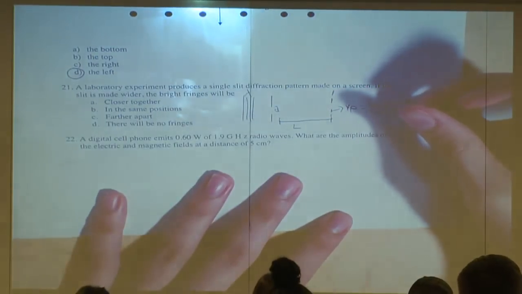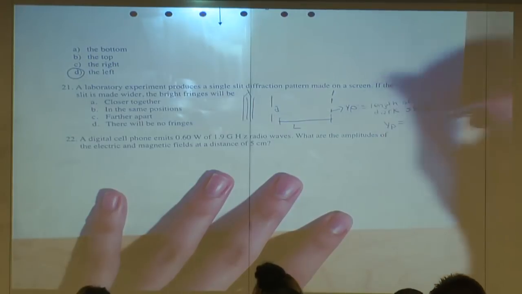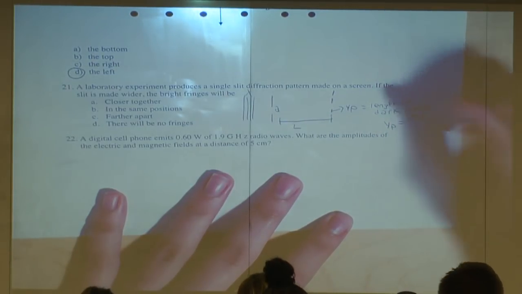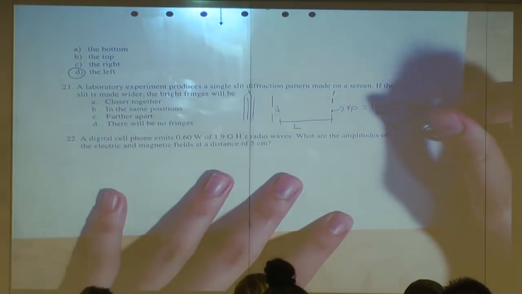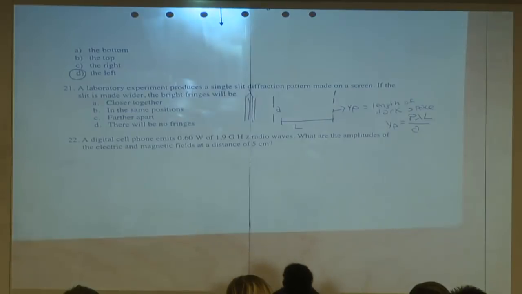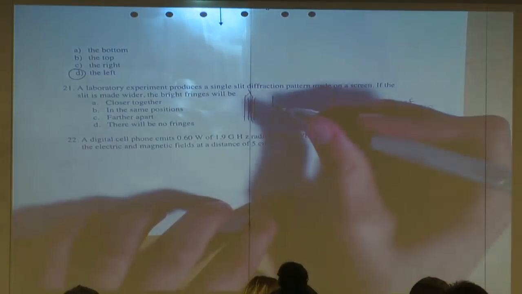It's YP equals P lambda L over A. P is just the number of the dark space you're on, but that's not really important for this one. The slit is made wider, so A is getting bigger.